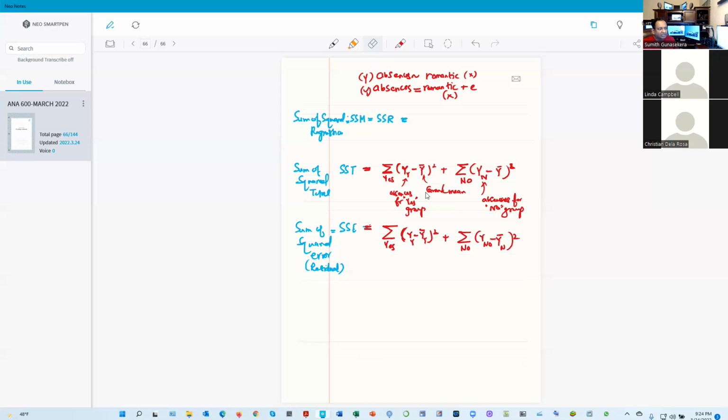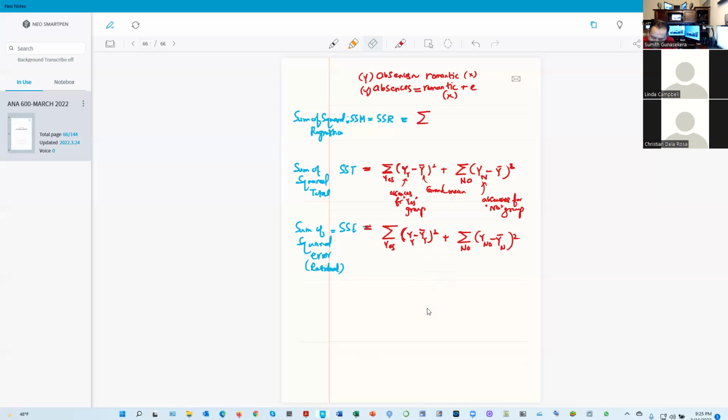This one, see, that reading minus the grand mean. This one, that reading minus what? Reading minus, see? This one is what?